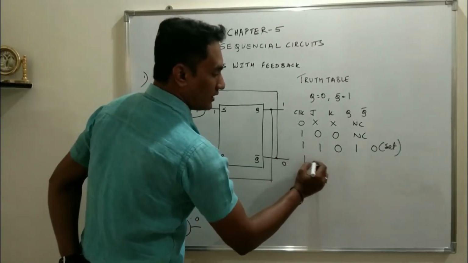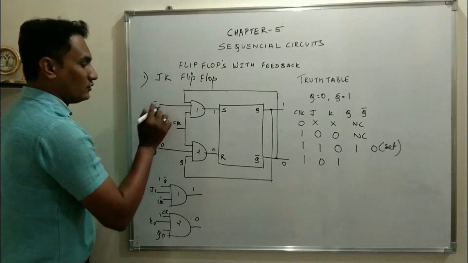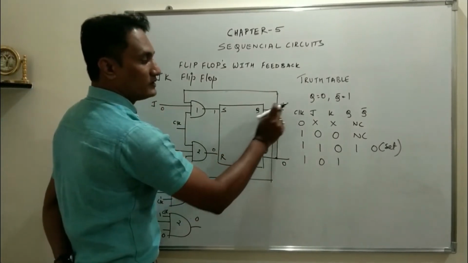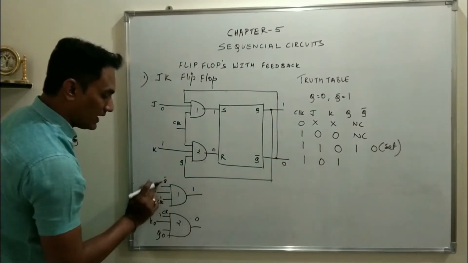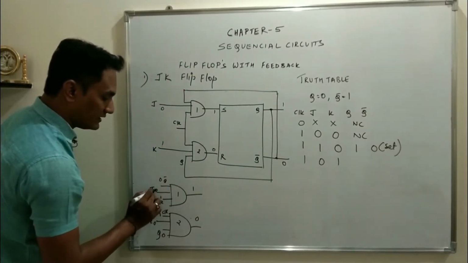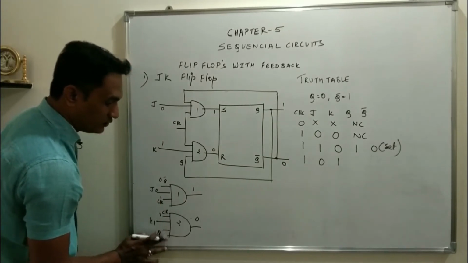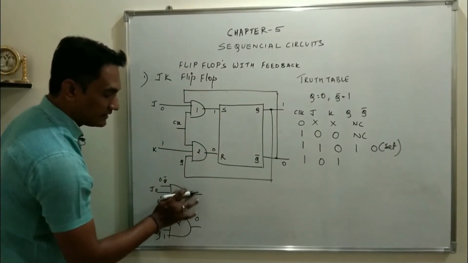Next, clock 1, J0, K1. But what is the initial condition now? Q is equal to 1, Q bar equal to 0. So Q bar equal to 0, J is 0, clock 1, K is 1 now and Q is now 1. So for the upper AND gate, the output will be 0.